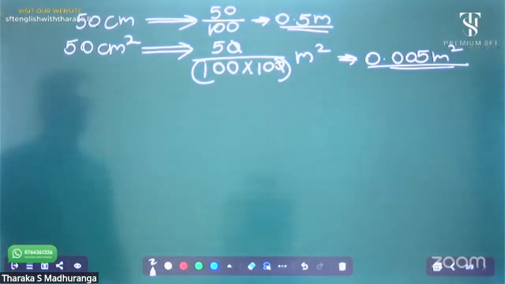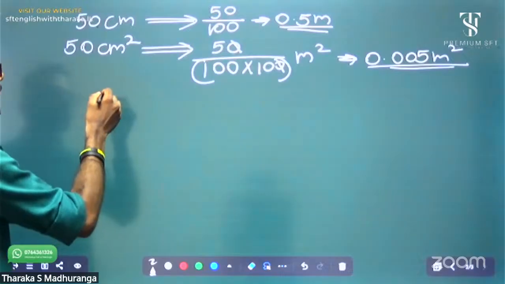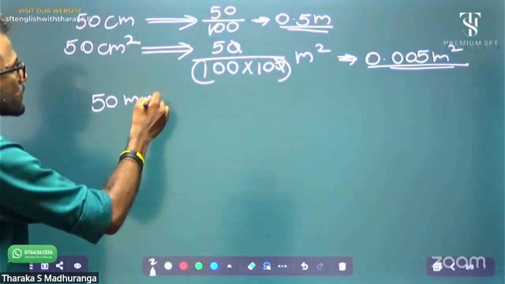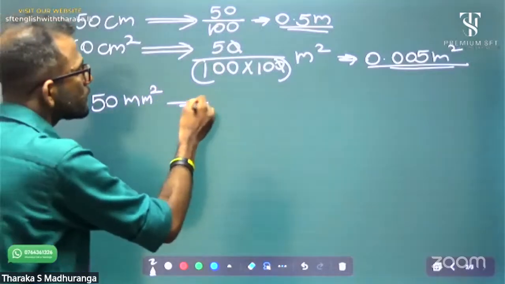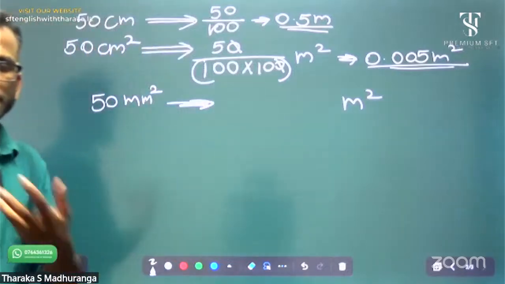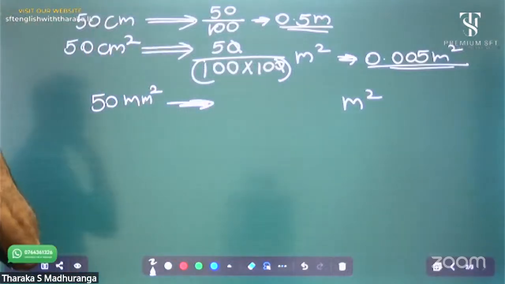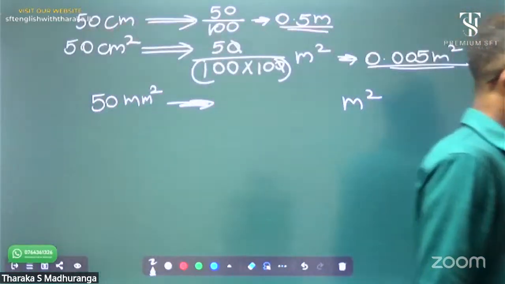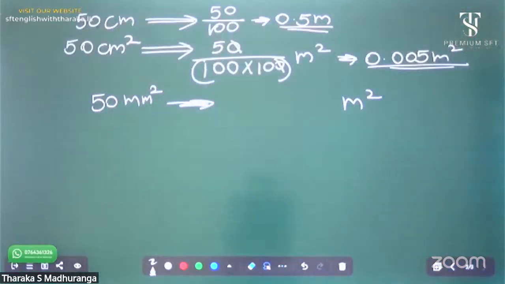Now I have area 50 square millimeter. Can you convert it into square meter?